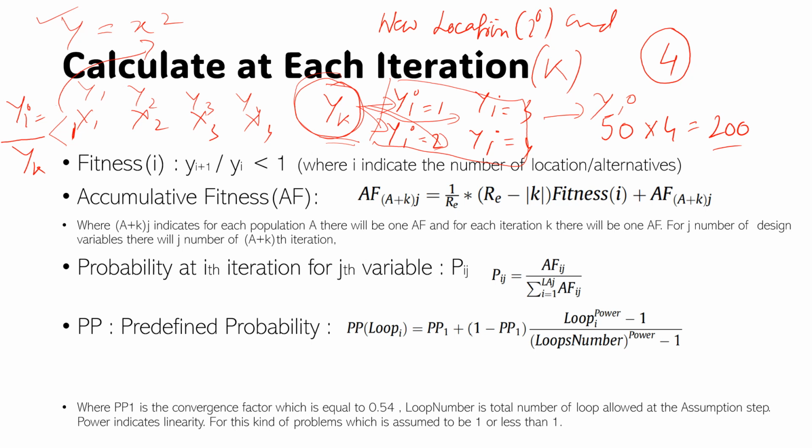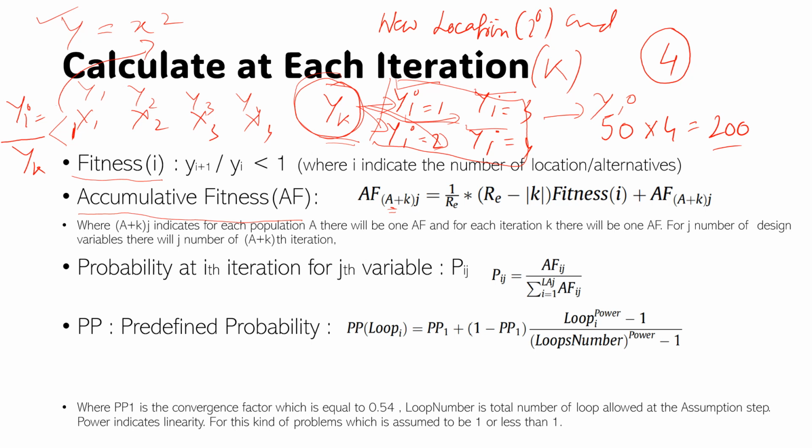Now, this is the fitness. The second thing is accumulative fitness, AF. So for each of these y, you have to calculate the accumulative fitness. How is it calculated? AF, accumulated fitness at A. A is often said to be the number of alternatives. Why they say alternatives, I will discuss later on.